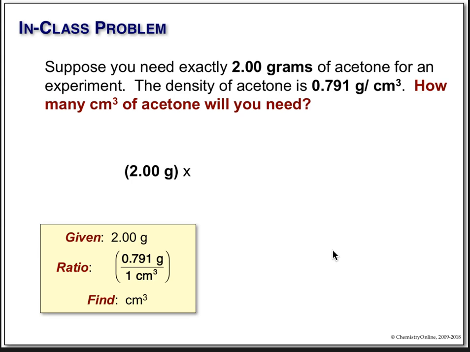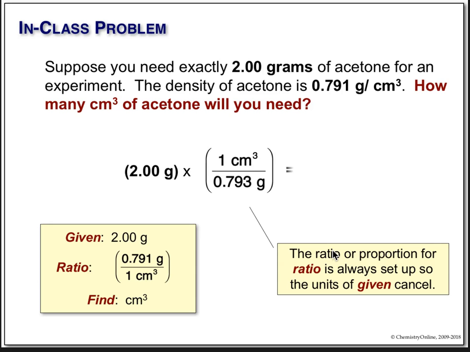Flip this guy upside down. Grams will now cancel. 2 divided by 0.79. We need 2.53 cubic centimeters, which remember is the same as 2.53 milliliters.